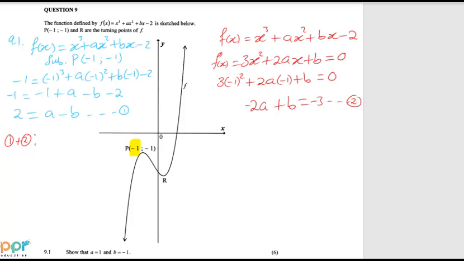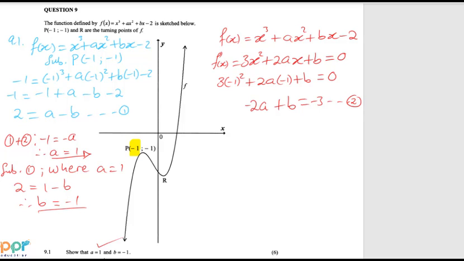So I'm going to get 2 plus negative 3, which is minus 1. On the left, negative 2 minus 2a gives minus 1, and minus a minus b plus b gives 0. Then dividing by negative 1, I get a equal to positive 1. Now that I have a, I can substitute back into the first equation where a equals 1. So I will have 2 equals 1 minus b, therefore b is 2 minus 1 divided by negative 1, so b is negative 1.